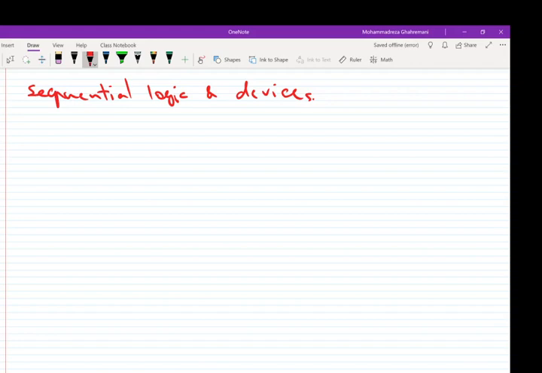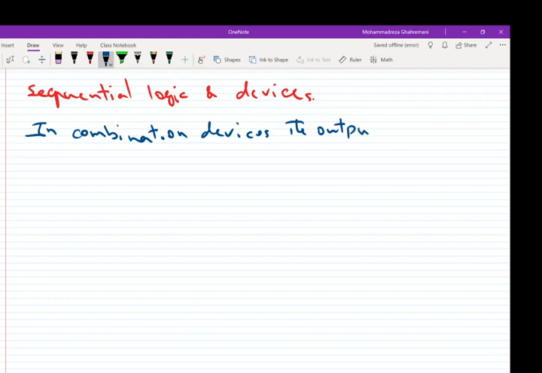at the same instant. So we can say in combinational devices, the output depends only and immediately on their input.